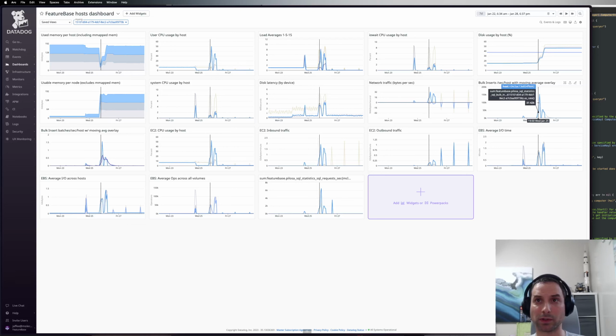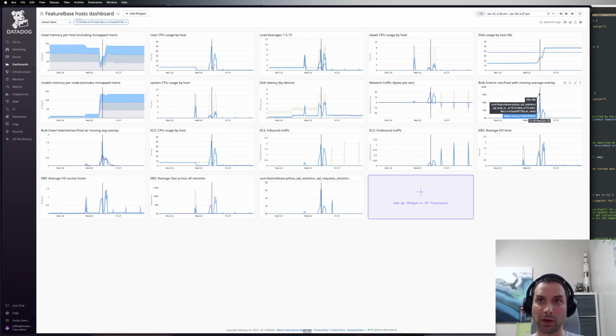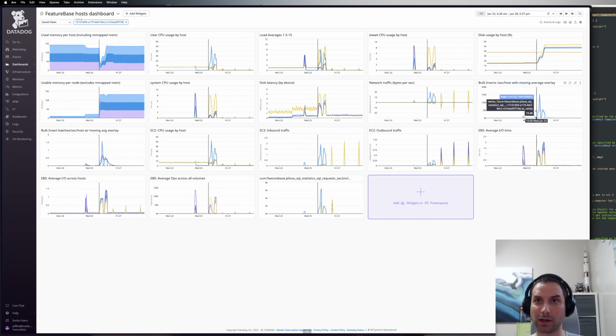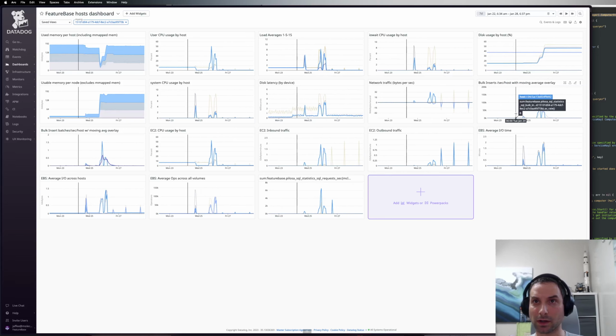So for this particular workload, we happen to be sending all of our insert traffic to a single host. And we can see how many records per second are coming through that bulk insert query. I also added a moving average to this one, so there's a smooth line and a spiky line that you can see in there.